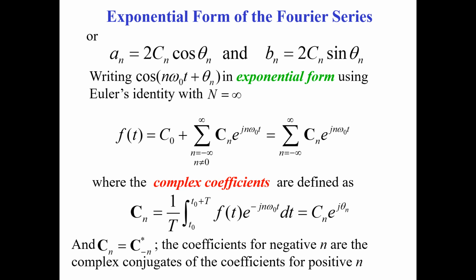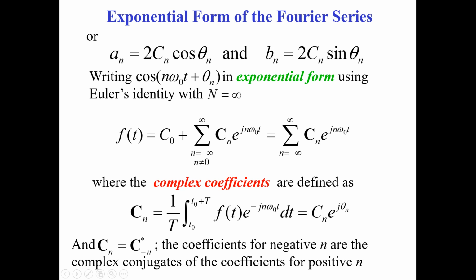This is your function, which is given by C naught plus the sum from n equals minus infinity to infinity of Cn e to the j n omega naught t. If you have to remove, this doesn't exist at n equals 0, because C naught is over here, and if you write down the combined form, it will be given like that.